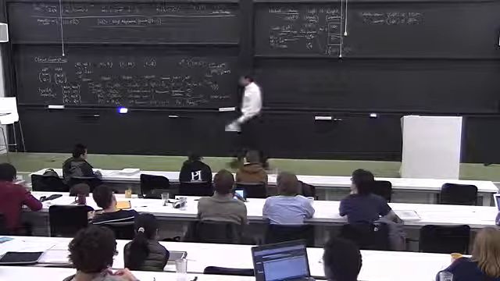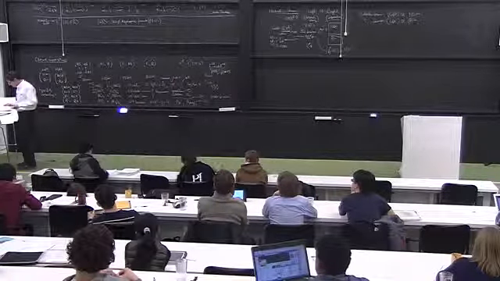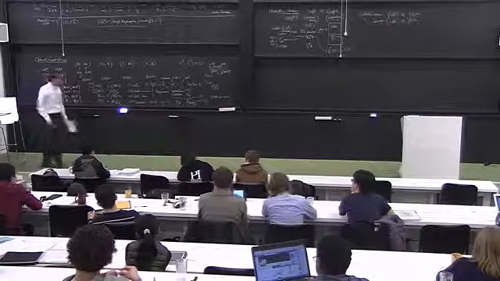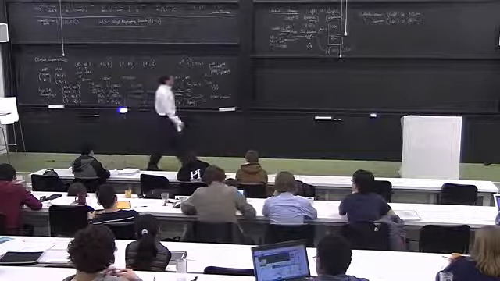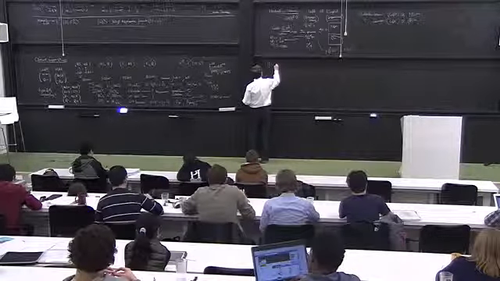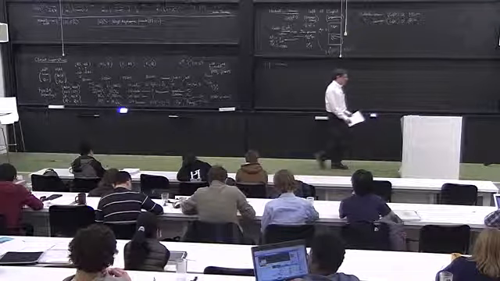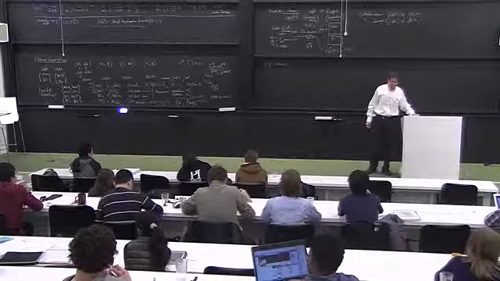Okay, so last thing, I want to tell you something about D-branes. Happily, we know enough that this is not complicated. Dp brane. What is a Dp brane? It's a brane that has p spatial dimensions.